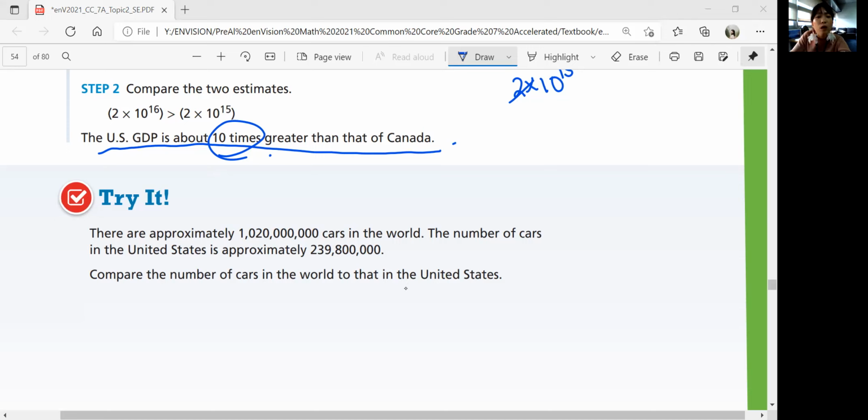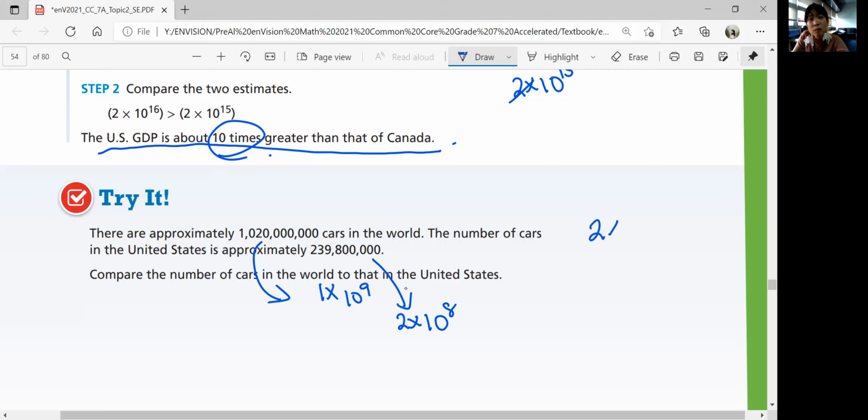All right. You can estimate the number of cars in the world to be about 1 times 10 to the 9th power, and the United States to be about 2 times 10 to the 8th power. Okay? Count the place values before the first digit. And how much greater is it?